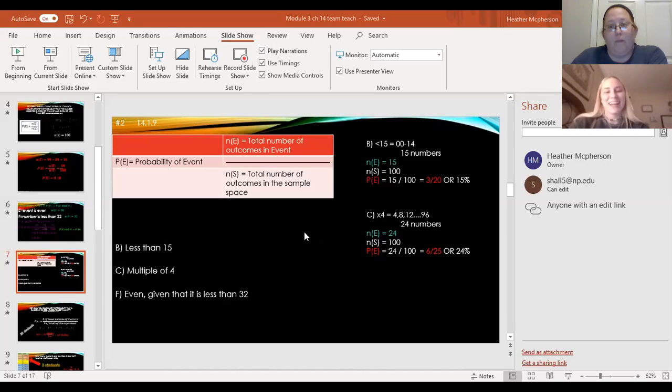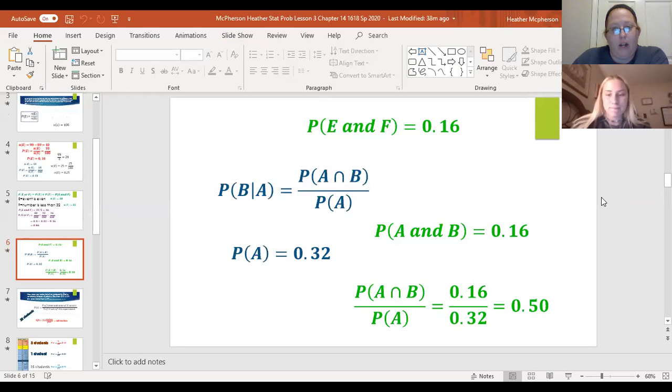But okay, so can you see that screen? Okay, so I pulled up the other one. So what you're looking at here is a whole brand new equation, and you want the even given that it is less than 32. So your A on this part is going to be 32 over 100, so 0.32.